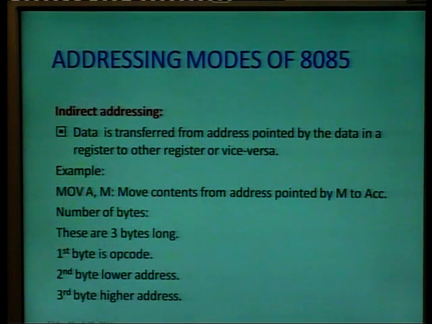Indirect addressing: data is transferred from the address pointed to by data in a register to another register or vice versa. The example is MOV A, M. Here the 8-bit operands are in the memory, and the address of the memory is in the HL register pair, and the HL register pair is referred to in the instruction by the letter M. This is the indirect addressing mode.